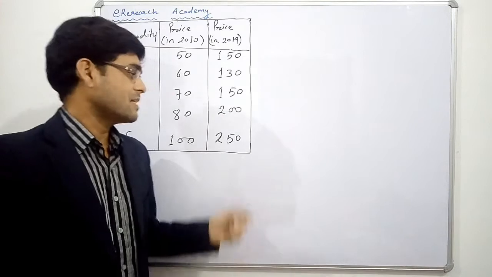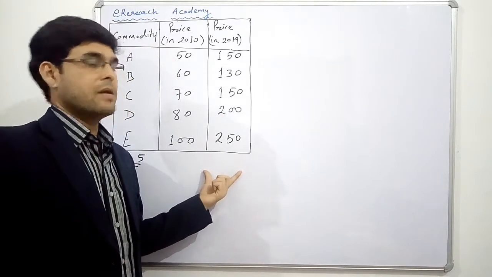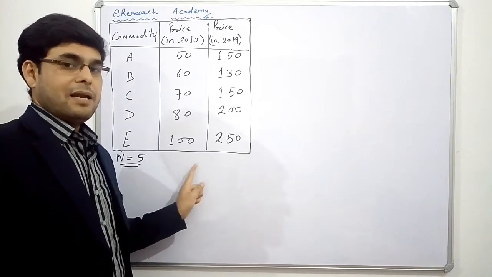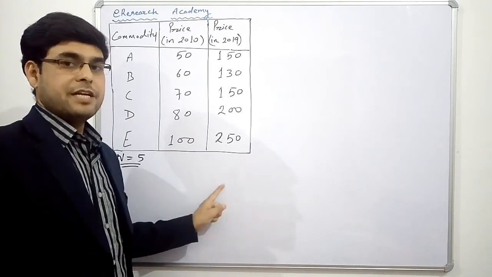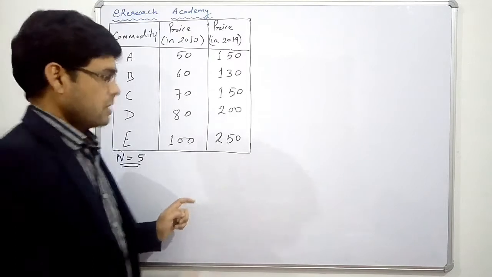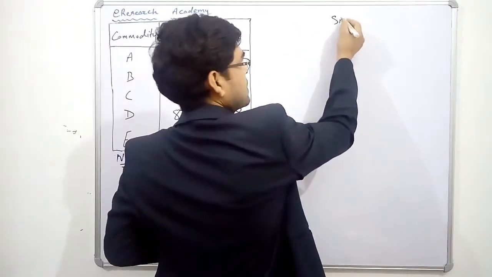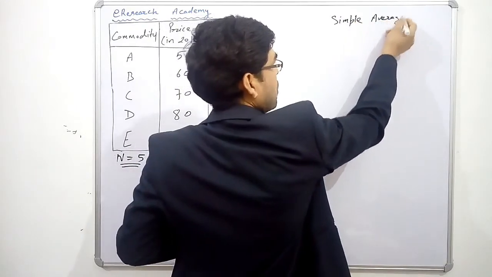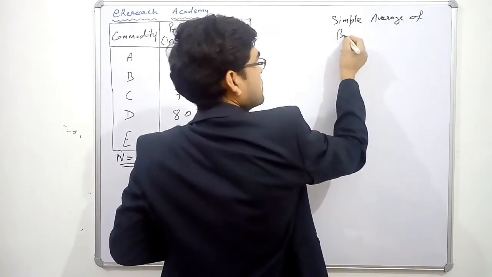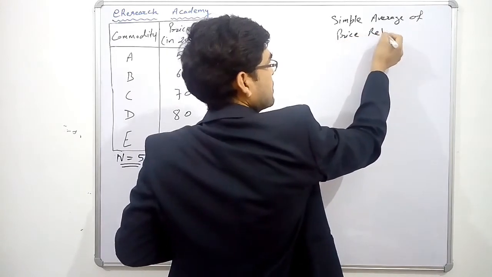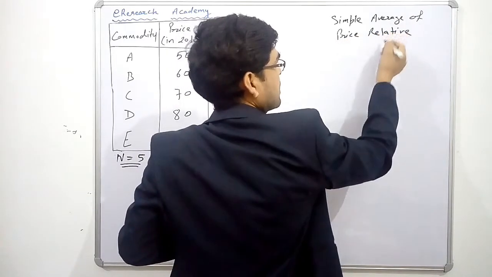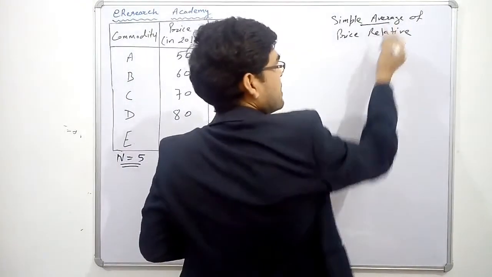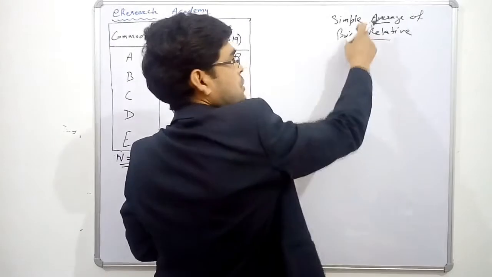We have to construct a price index number by the simple average of price relative method. So these two terms we need here: simple average of price relative.